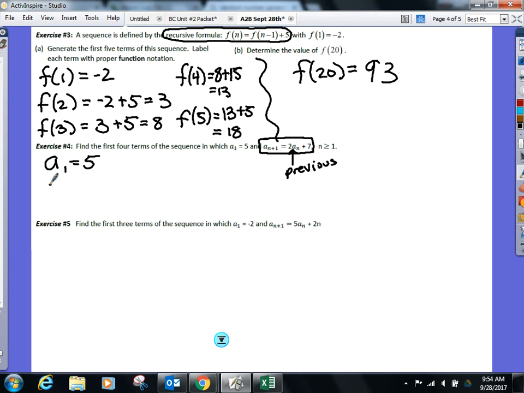All right, so need some help. How do I find what the second term is using that formula? 2 times previous term, 5 plus 7. So we end up with 17. Yep.